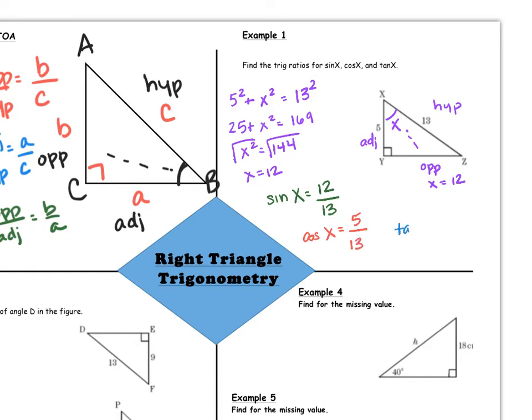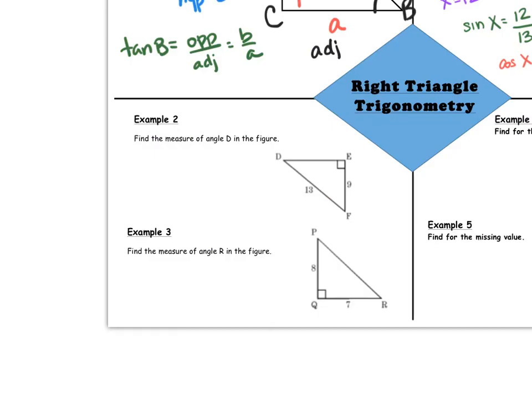And we know the tangent of x is equal to its opposite side, which is 12, over the adjacent side, which is 5. And so here are all your side lengths, and we found all the ratios by first finding that missing side and then labeling the triangle.